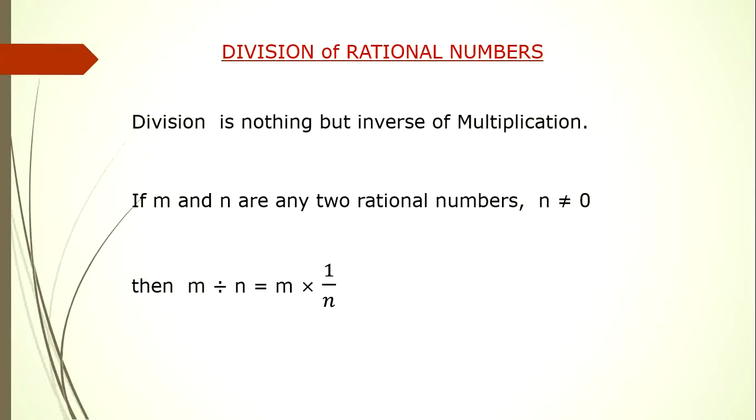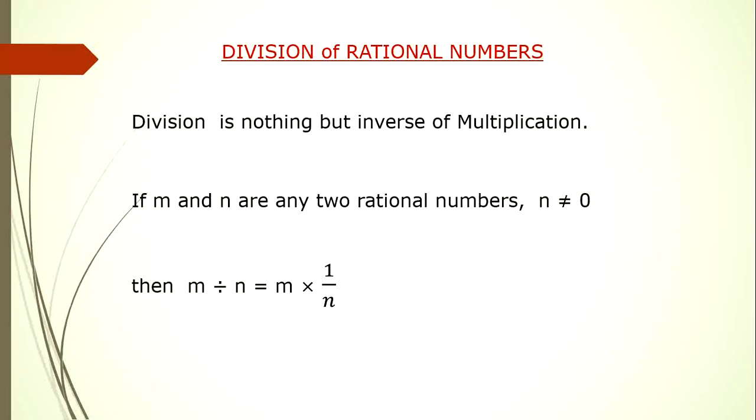So, we have, if m and n are any two rational numbers and n is not equal to 0, then m divided by n is equals to m into 1 by n. We have to take the multiplicative inverse of the second number, nothing but the divisor.